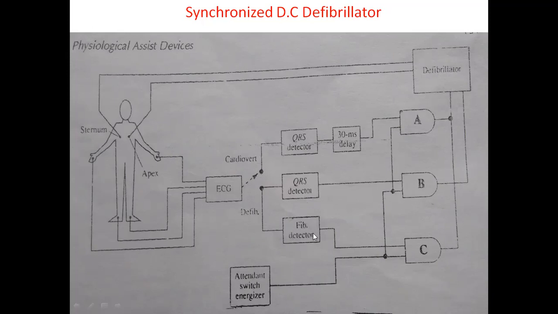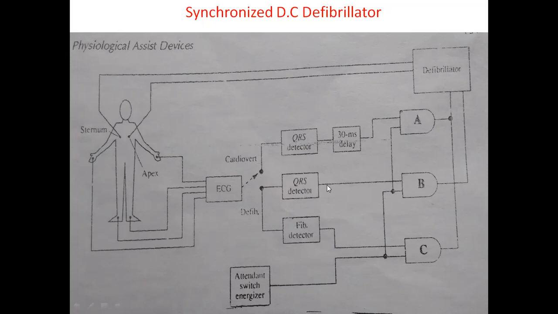Based upon these detectors and the applied pulses, if there is no fibrillation, the output is 0, so in such a situation we can't get any output. If the QRS detector waveform shows long duration, you get a high voltage.